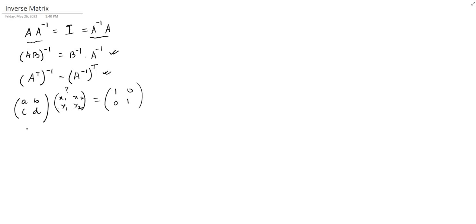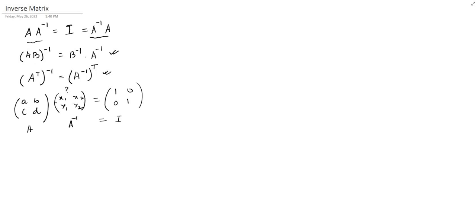In this case, this is my matrix A, this is my inverse matrix which I'm trying to find, and this is my identity matrix. We have to find these values x1, y1, x2, y2.